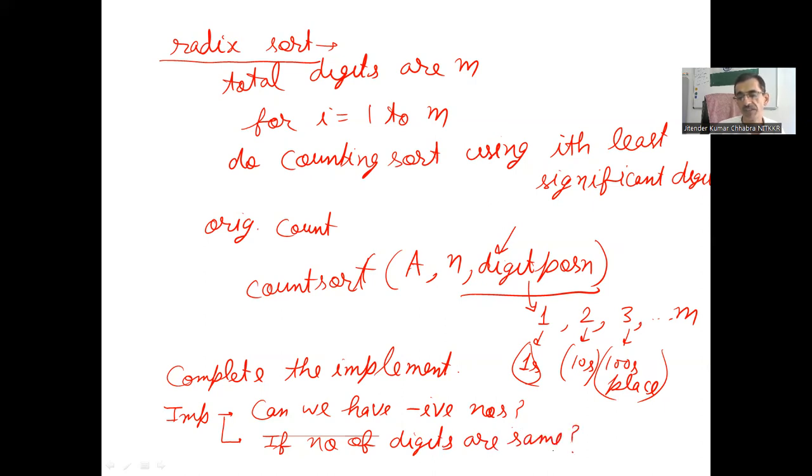Although radix sort says that we should have the same digits, what if they are not the same? I think whatever logic we made should work, because in that case, automatically 0 will come out if the digit doesn't exist.